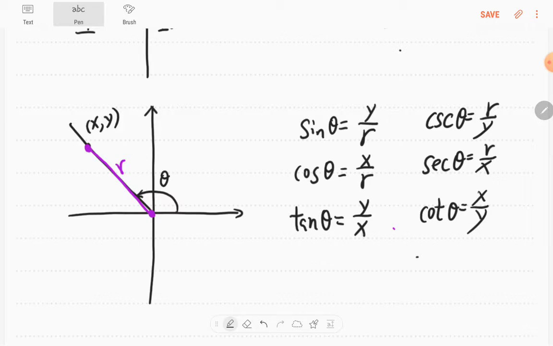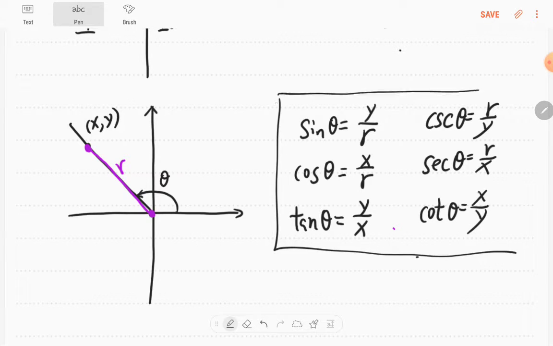And for tangent, x cannot be 0. So no matter whether the terminal side is in the second, third, or fourth quadrant, we always use this definition.